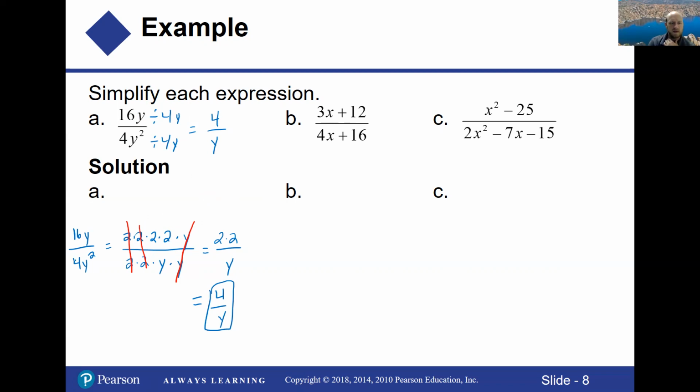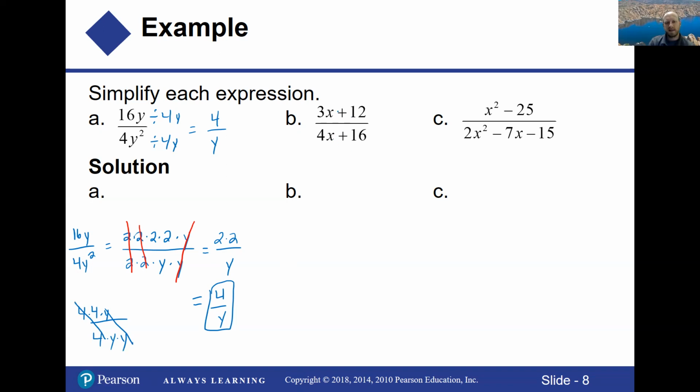You could also have recognized in this case that the GCF of 16 and 4 is 4. So you could have written it as 4 times 4 on the top, and 4 times y times y on the bottom. Then the 4s would have canceled, one of the y's would have canceled, and you still would have had 4 over y.